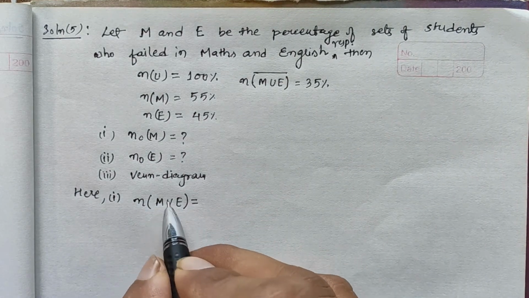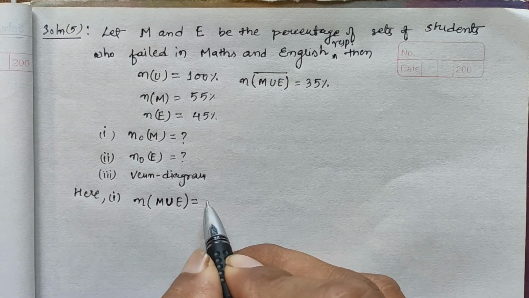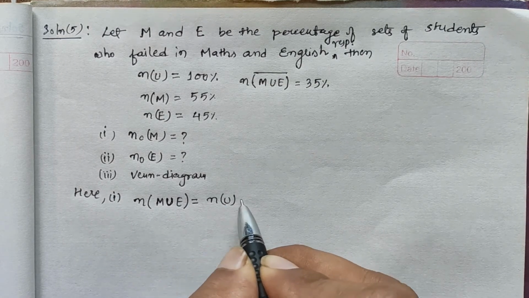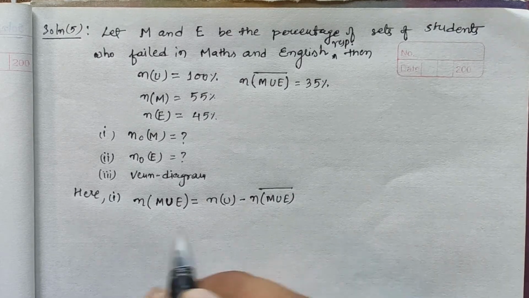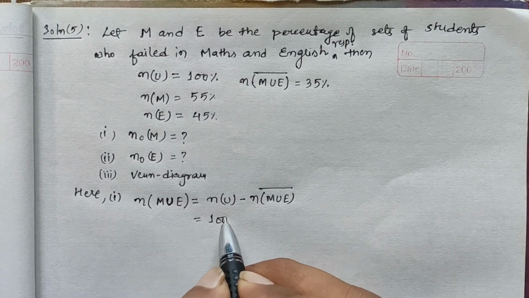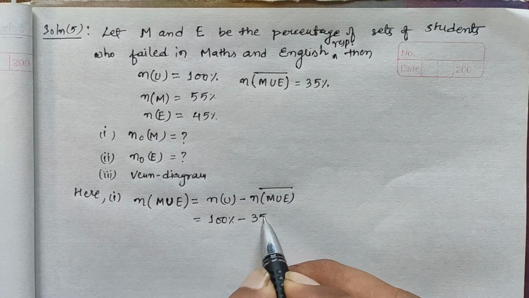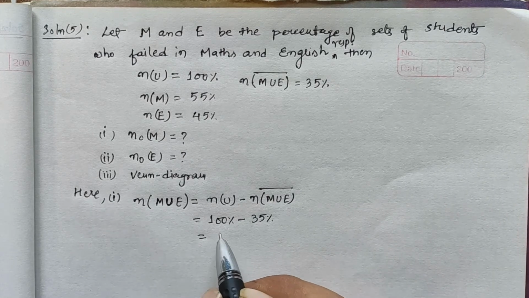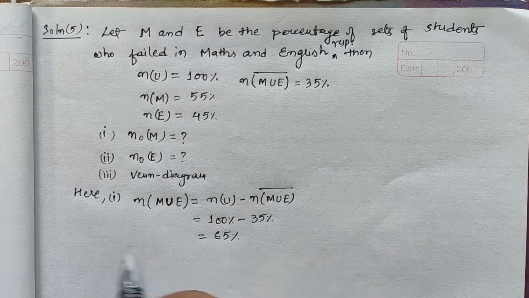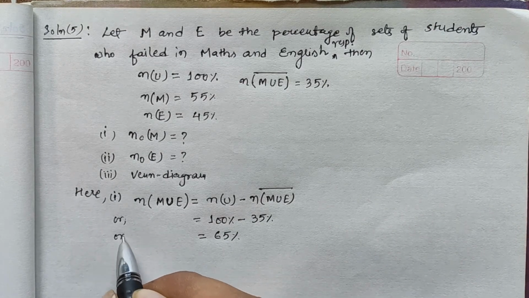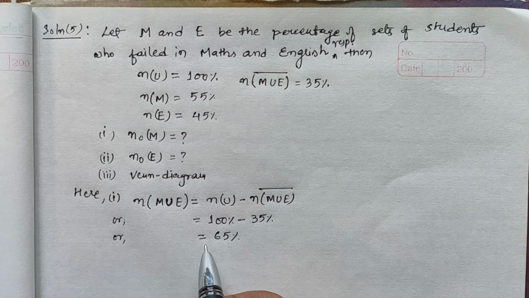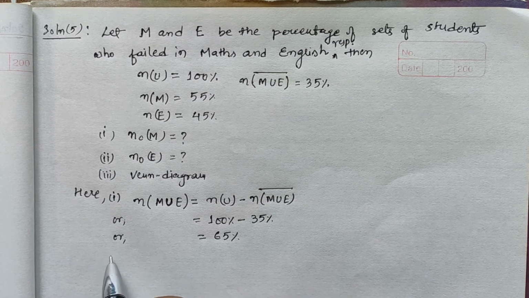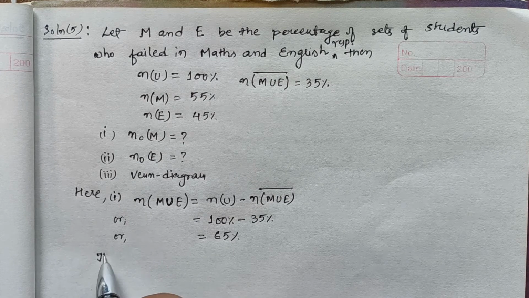So we can find the union from the formula: N(U) minus N(M union E complement). So it is 100 minus 35%, which is 65%. So our union is 65%.